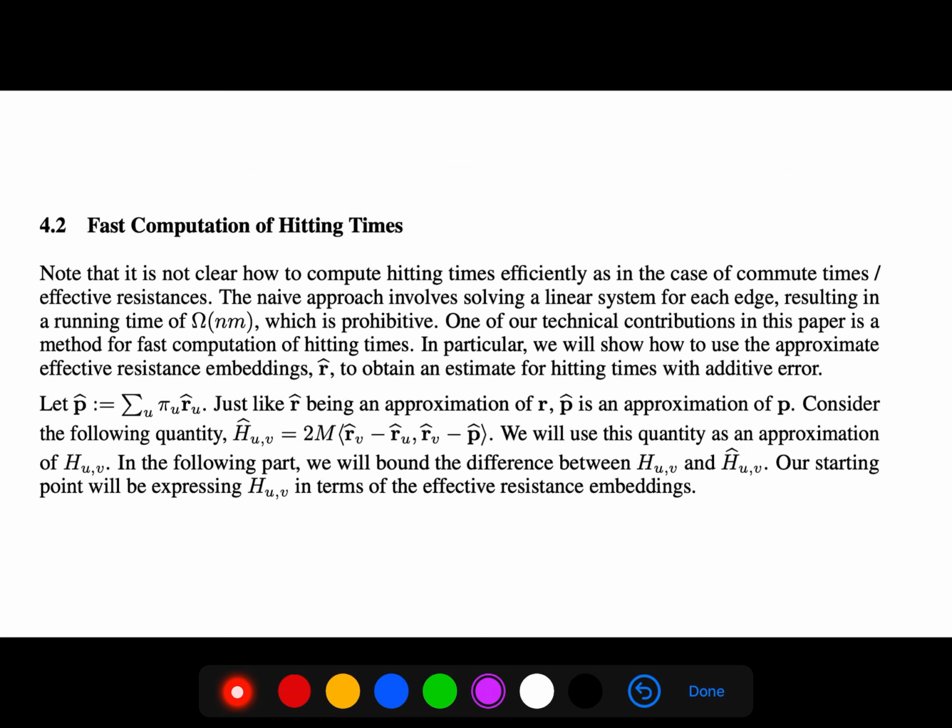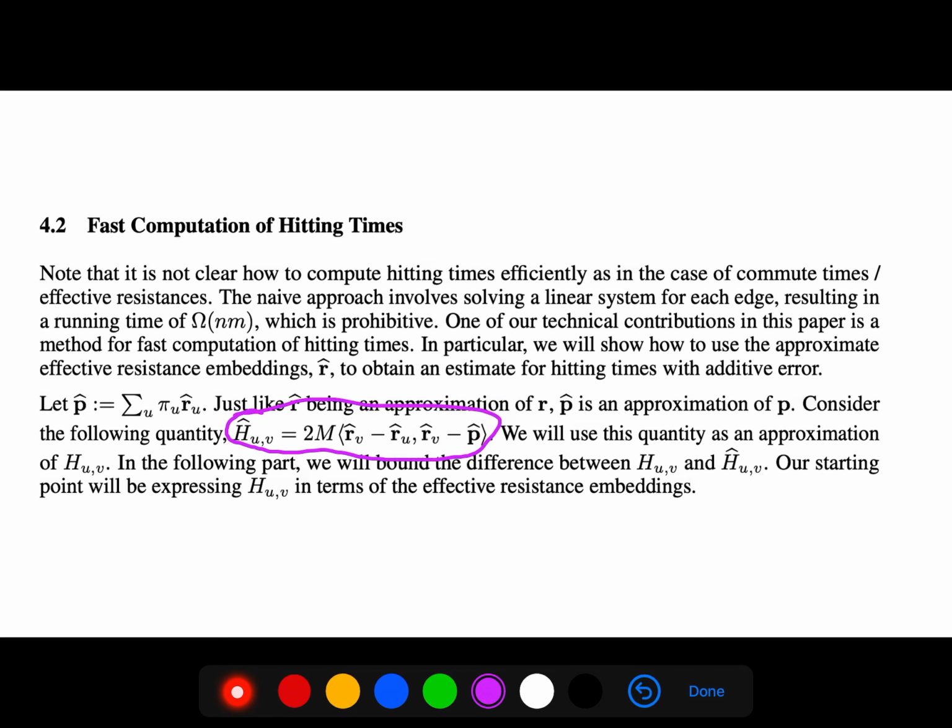So we can compute the heating times very fast, because if you consider this quantity, this heating time, we will use this quantity as an approximation of the actual heating time, which is very hard to compute. So this is just an approximation.